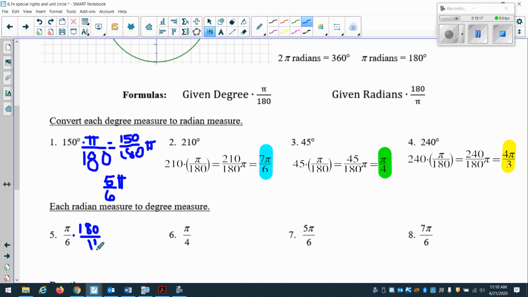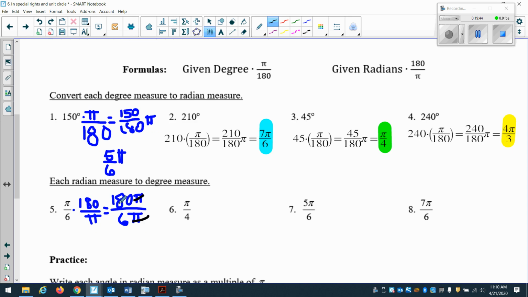So what you're going to notice is this will equal 180 pi over 6 pi. Well, right now you should be able to see that you could cancel out those pi's. So all you're doing here is dividing 180 by 6, and you end up getting 30 degrees.